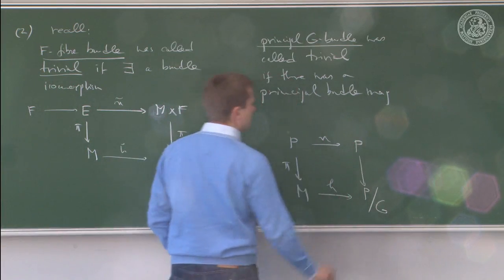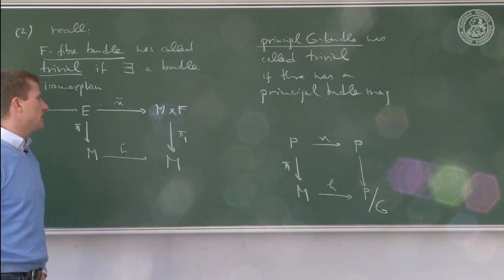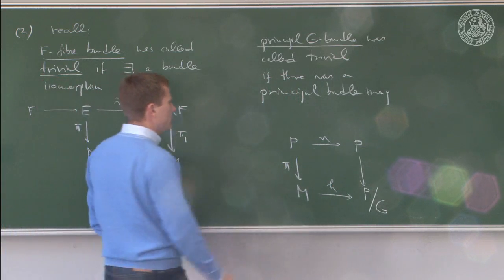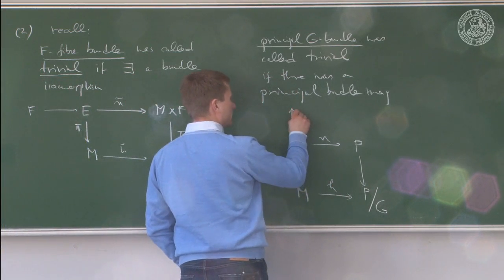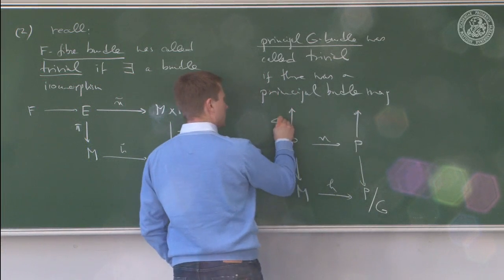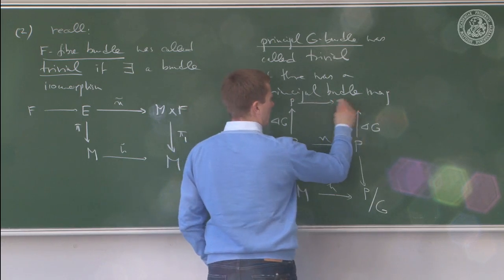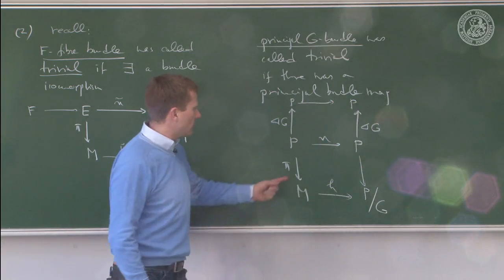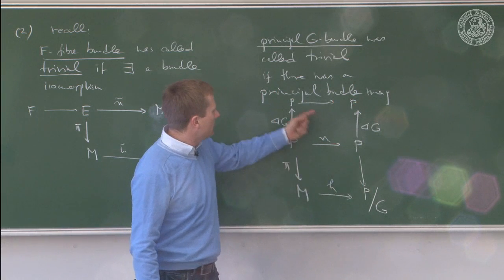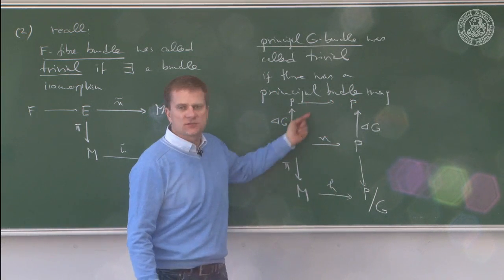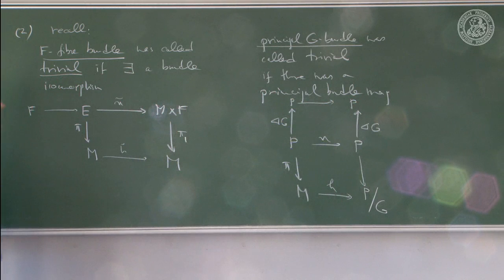And remember that the whole point of the principal bundle map was, we had it several times, that there's a certain right action here, and you also require not only that this be a bundle map here, but also that there's this compatibility condition up here. We just wrote it down before. So it's a stronger criterion.